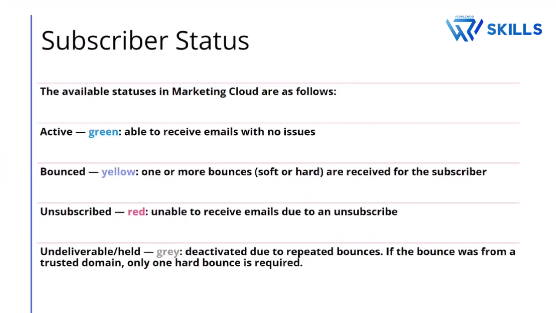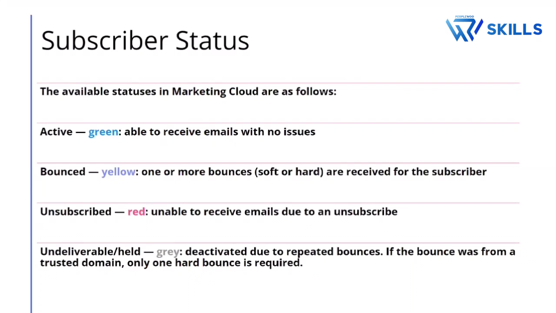Important thing: whenever there is a temporary reason which can be fixed later, that means if my memory is full and I am not able to receive any communication from Marketing Cloud, then my server returns that email to Marketing Cloud with a bounce message, and that message is reflected in my status.